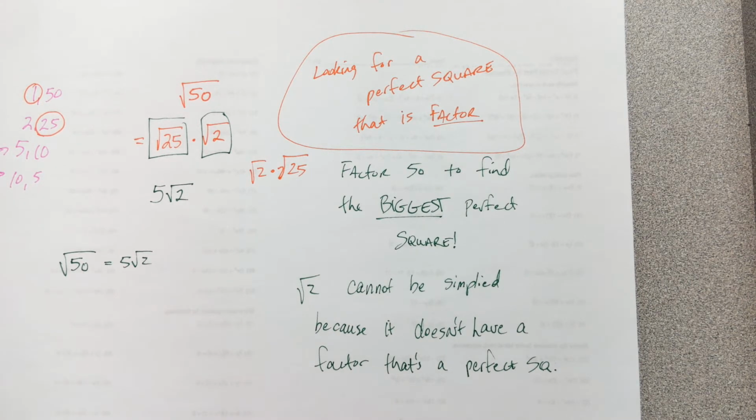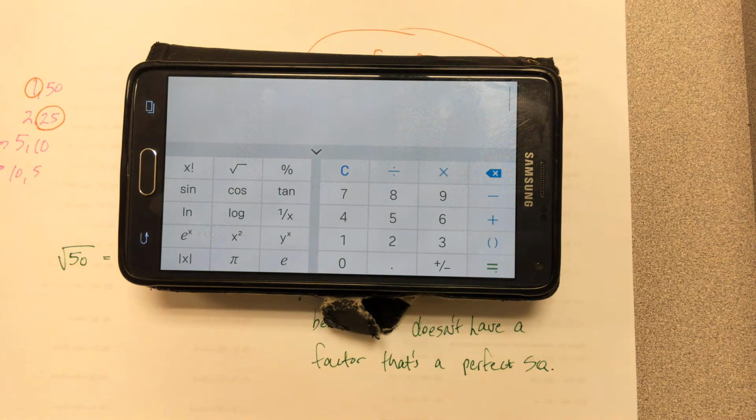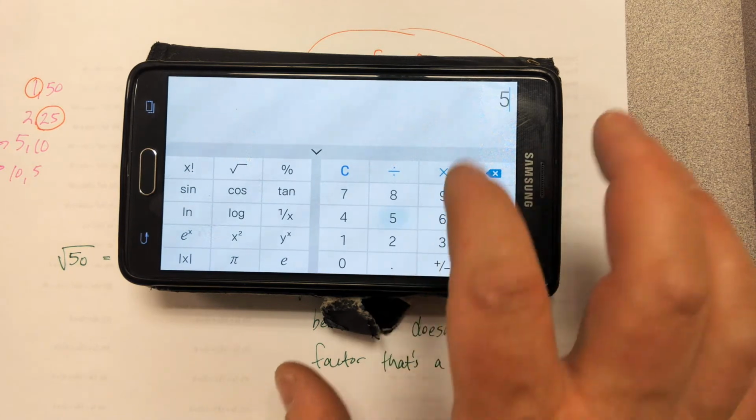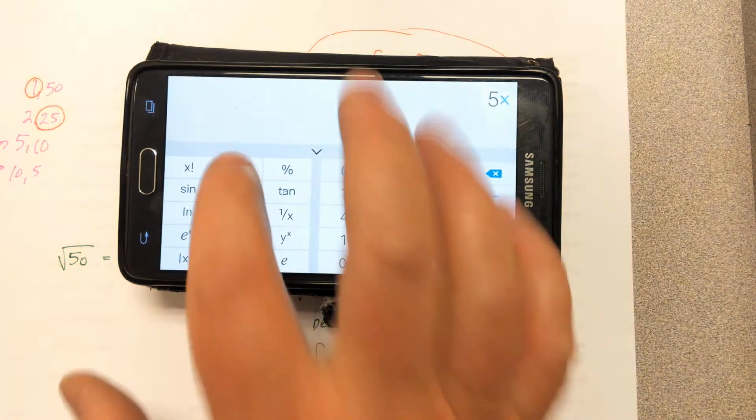We'll do it this way. Hold on. Let me get my calculator on my phone. Can you guys see my old phone? Okay, 5 times the square root of 2.